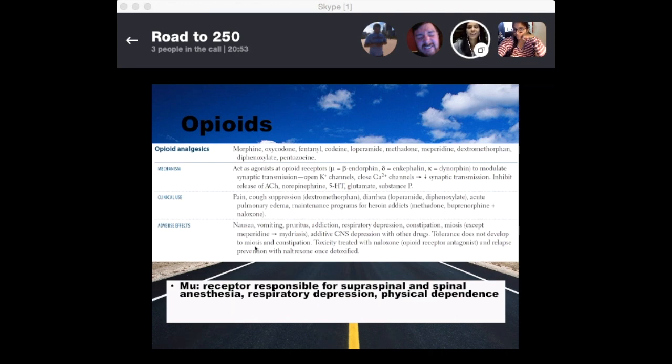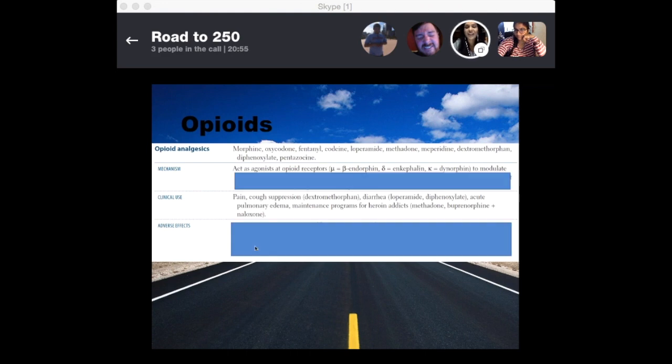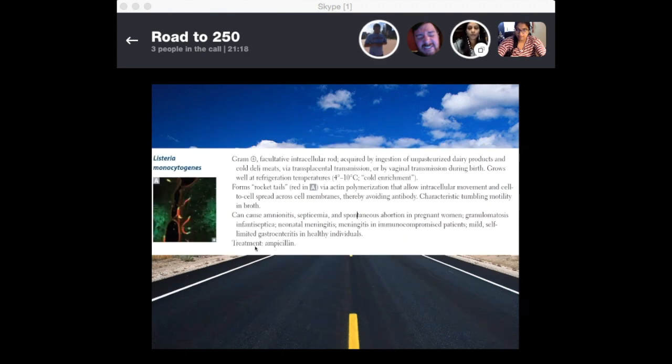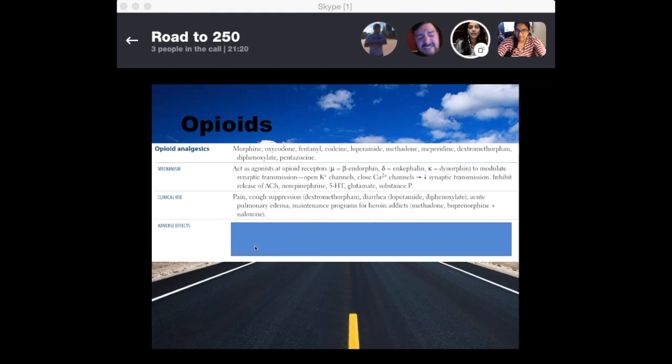So, darn it, I wanted to ask you guys this. Okay, so when the opioids act at the opioid receptors, what are they exactly doing? What is the mechanism of action? Decrease sympathetic transmission. Yeah, exactly. So it's modulating specifically.